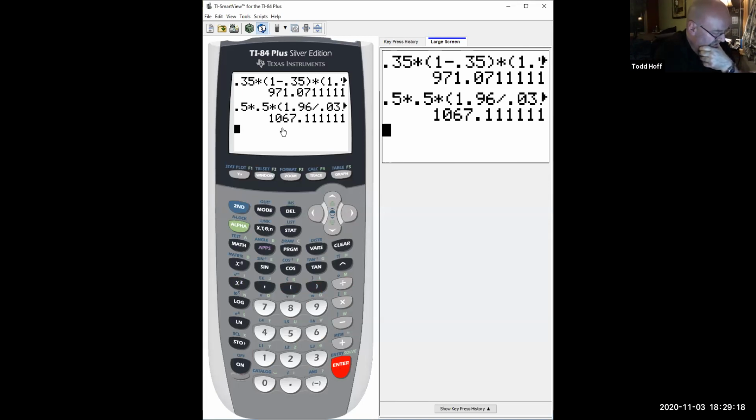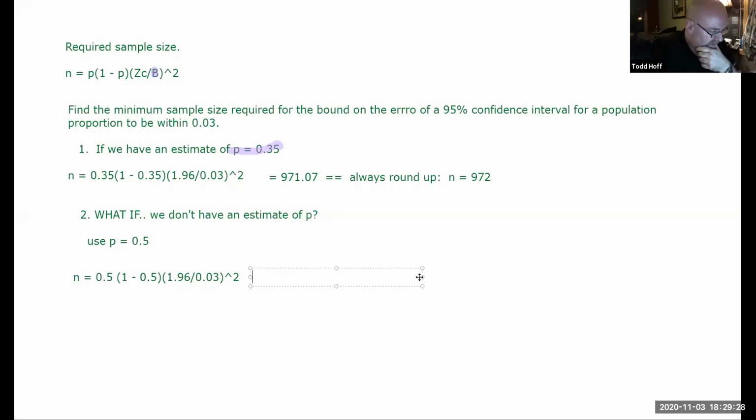You get 1,067.11. Well, again, because that is a minimum size, we always round up. So our minimum required sample size is 1,068.